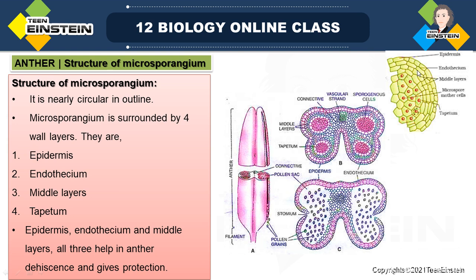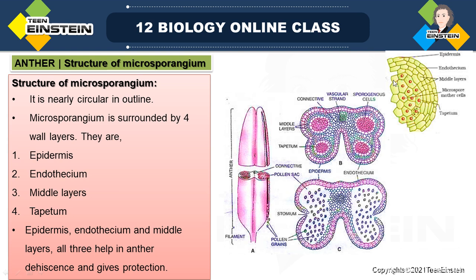Third is the middle layers; these 2 layers are called middle layers. And the last and innermost layer is tapetum. So the outermost layer is epidermis, then endothecium, then middle layers, and the innermost layer is tapetum.